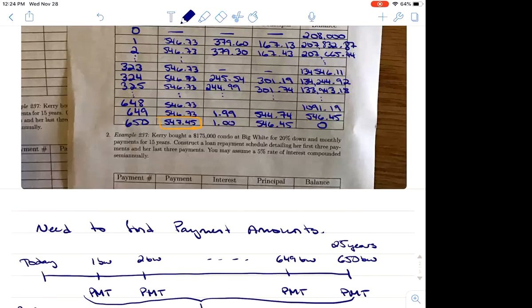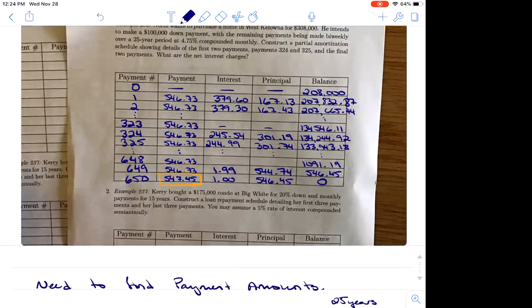On the assignment and on the final, once you've made this amortization schedule, that's great. I ask you, what was the total amount of interest paid on the mortgage? So we're going to figure out, well, we made 649 payments of $546.73, plus this last one, $547.45.